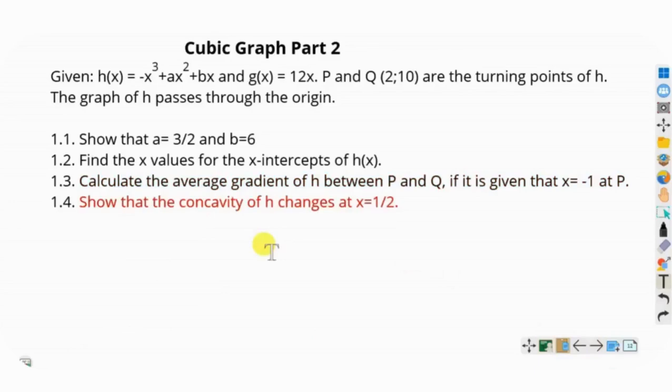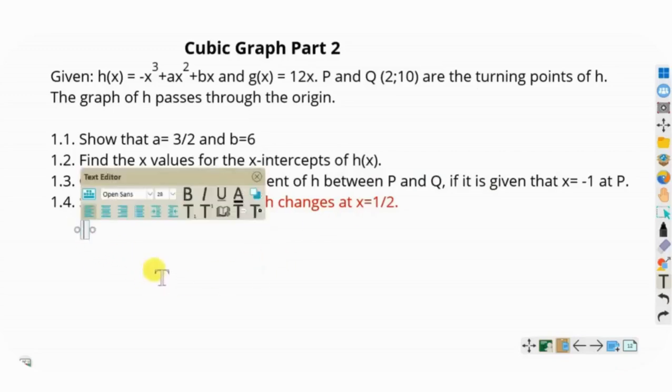Okay, so here they are saying show that the concavity of h changes at x equals half. In the previous lesson I explained that when you're talking about concavity, you're talking about a point where the graph changes from concave up to concave down, or from concave down to concave up.